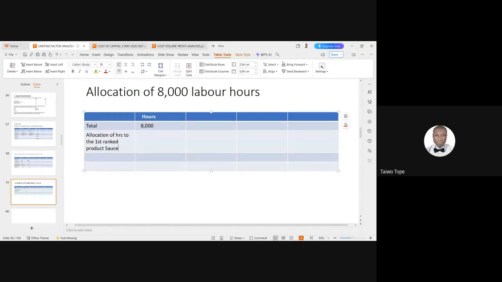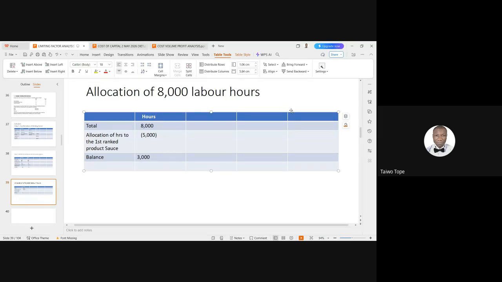How many hours do we need to produce sauce? 5,000 hours for 5,000 units. When you less 5,000 from 8,000, the balance will be 3,000. The next product is mesh.